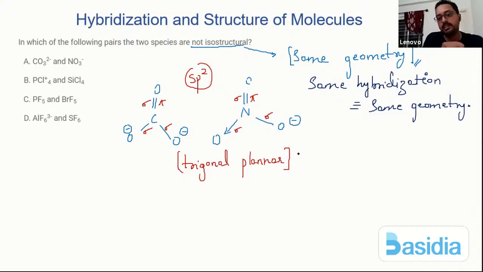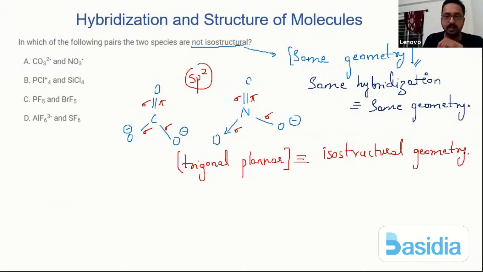That means these two are isostructural. Isostructural geometry. Okay. Now let us go to the next structure, the PCl4 plus and SiCl4.